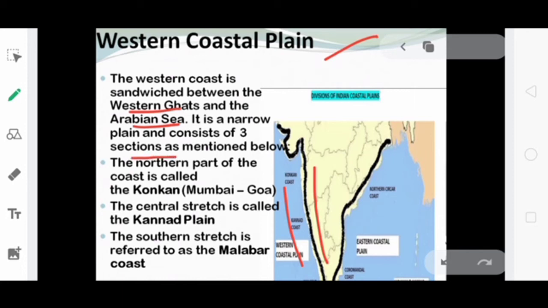The northern part of the coast is called the Konkan, which lies between Mumbai and Goa. The central stretch is called the Kanara Plain. And the southern stretch is referred to as the Malabar coast, which covers the Kerala coastal plains. So that is the Western Coastal Plain.